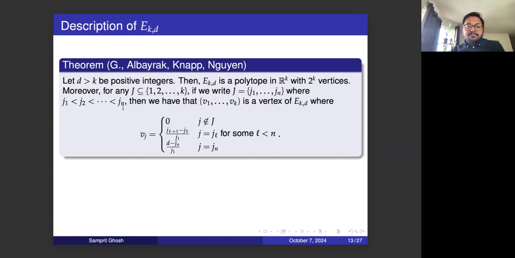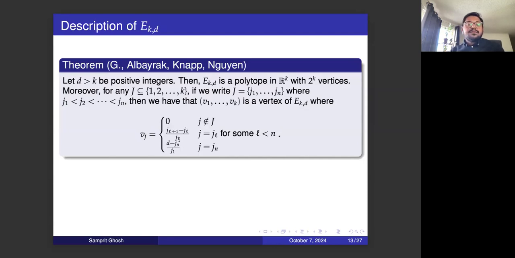Let's order them, so let's call the elements of J as J1, J2, Jn, where they are in increasing order, J1 being the smallest, Jn being the largest. Then each vertex v1, v2, vk can be written as follows. Vj is 0 if j is not in this set. For the last one, for j equal to jn, it's d minus jn over j1. And for the rest of them, it's j(l+1) minus jl over j1. So this is what each of these individual vertices looks like.